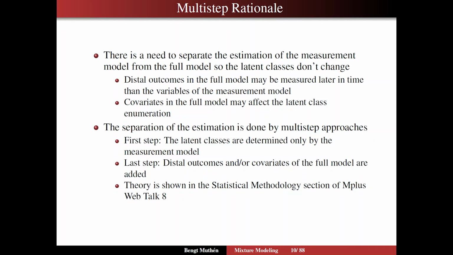So you want to separate the estimation of the measurement model from the full model. And that is what's done by multi-step approaches. In the first step, the latent classes are determined only by the measurement model. And in the last step, distal outcomes and/or covariates of the full model are added. And the theory for this multi-step approach is described in the statistics methodology section of Webtalk 8 on LTA.